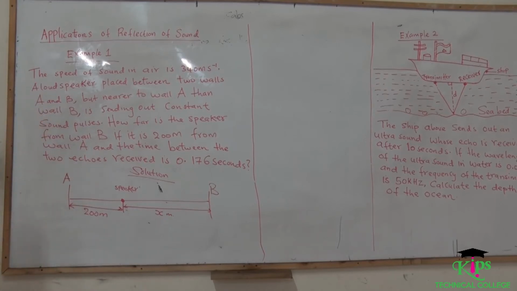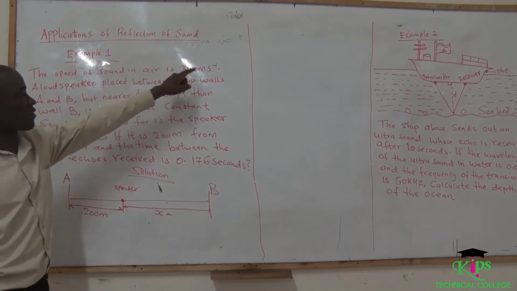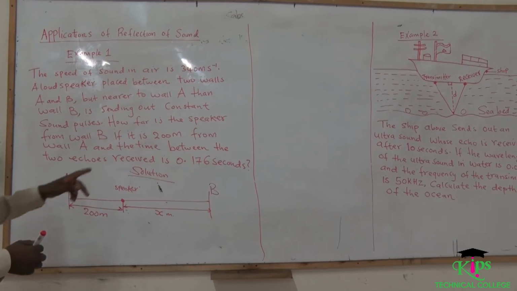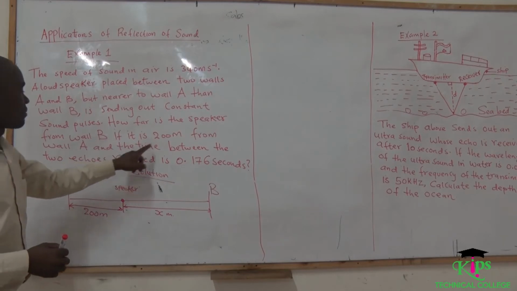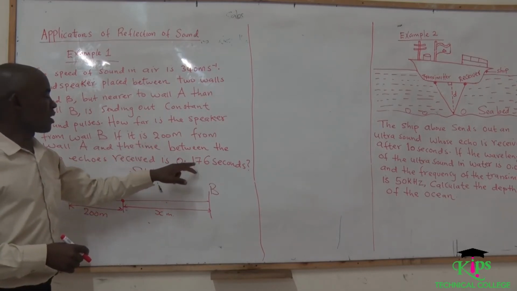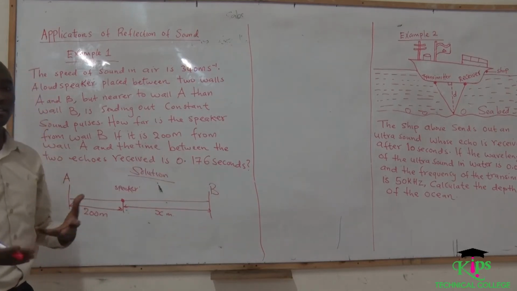We have also been told that the speed of sound is 340 meters per second. Also, we have been told the time between the two echoes received is 0.176. What does that statement mean?